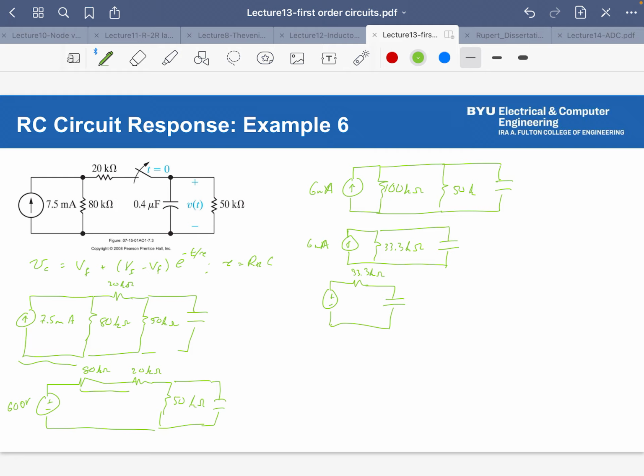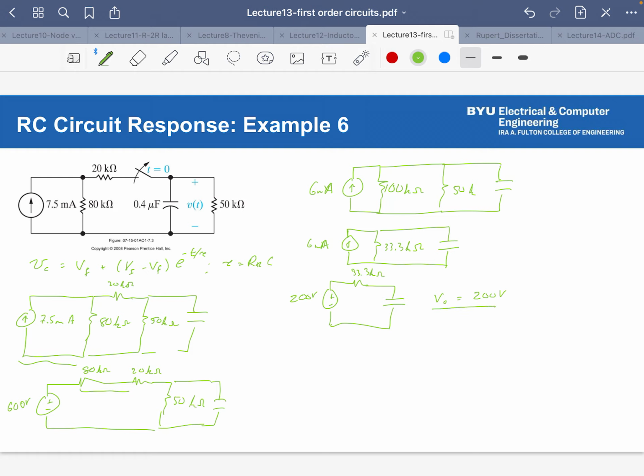So 33.3 times 6 gives me roughly 200 volts. Okay. So that means that the initial voltage, V initial, is going to be 200 volts.